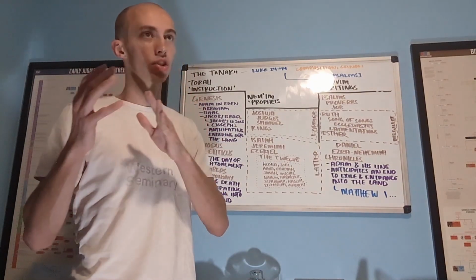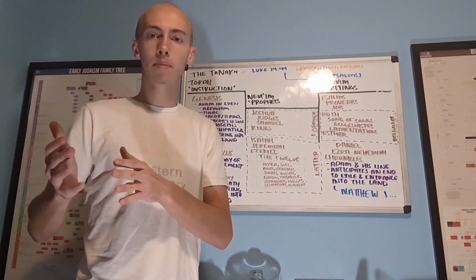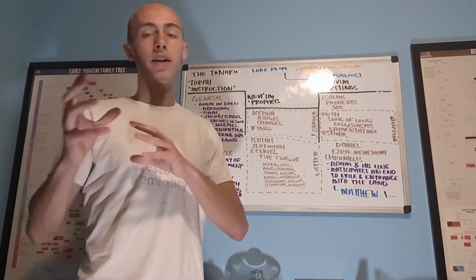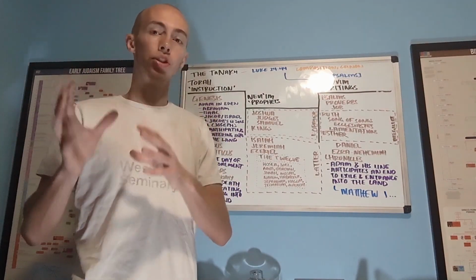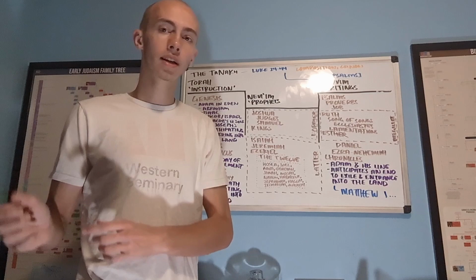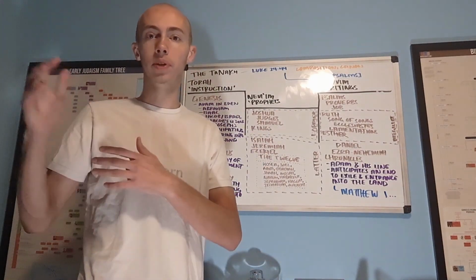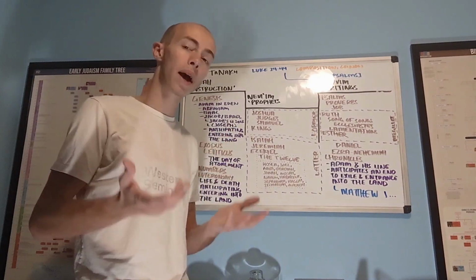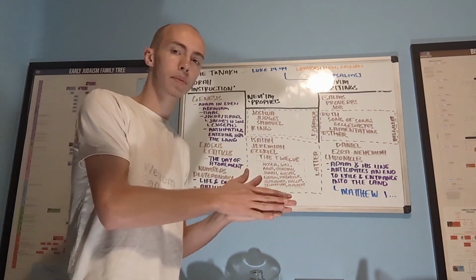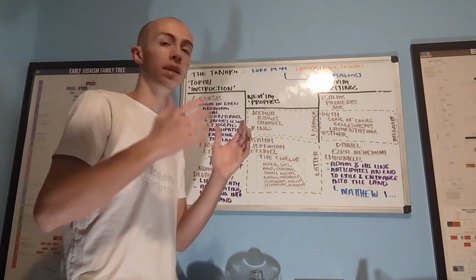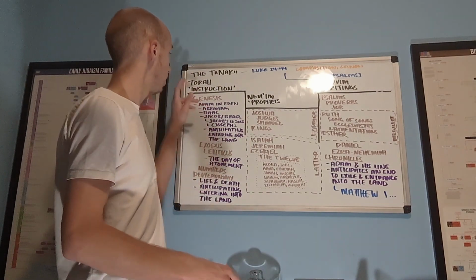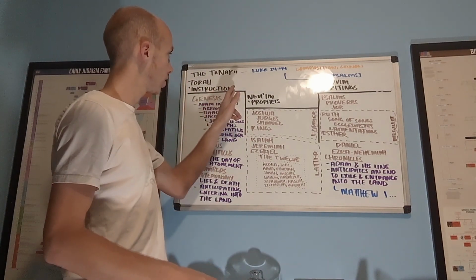Once it gets translated into Greek as nomos, that was a very common way that Jews in Jesus' day translated the Hebrew word Torah. Nomos means law, but a better translation from the Hebrew straight into English would be instruction. So there's the Torah, the instruction.